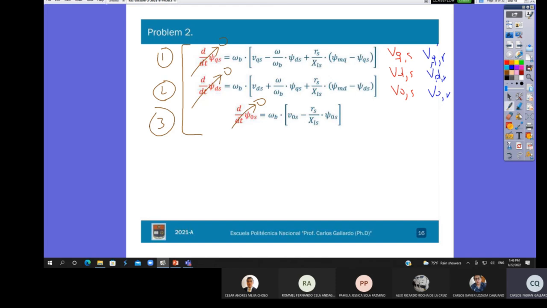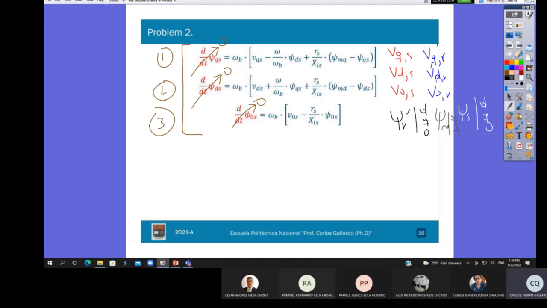What are the unknown variables? You will have the rotor flux in the DQ0 reference frame, the stator flux in the DQ0 reference frame, and the magnetizing flux in the DQ0 reference frame.